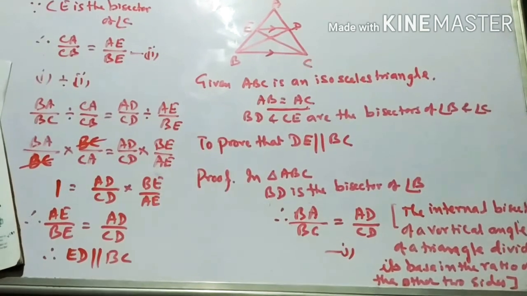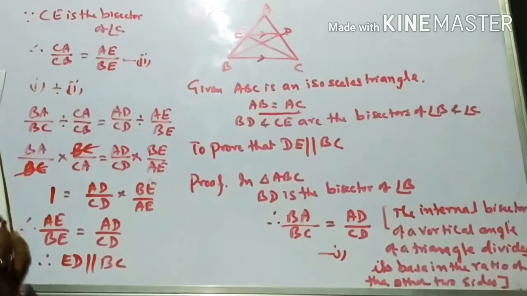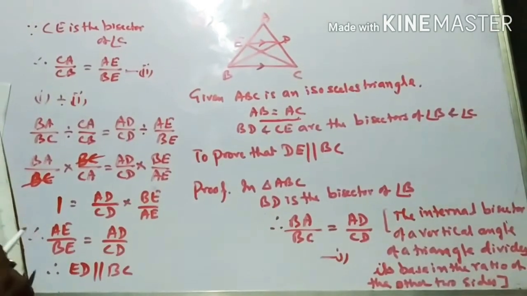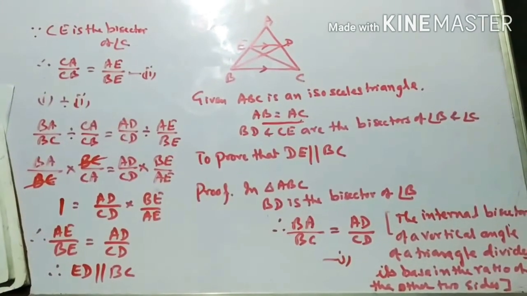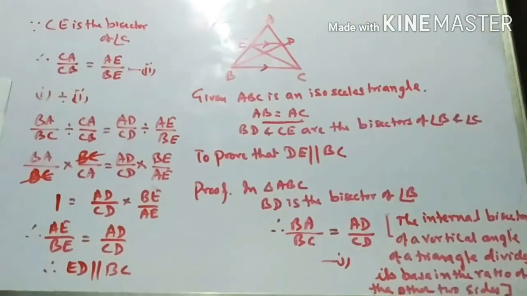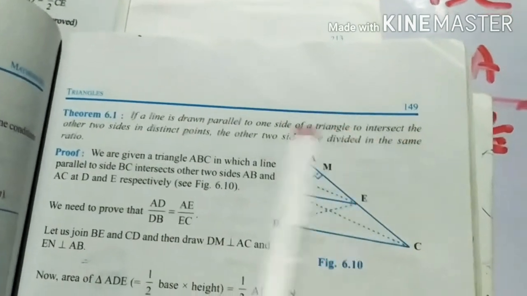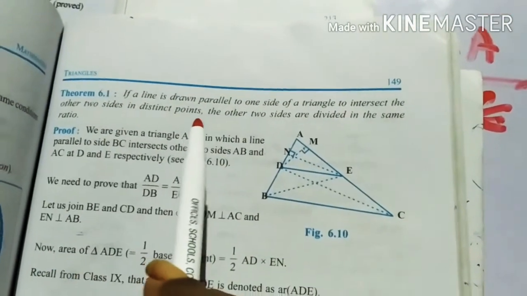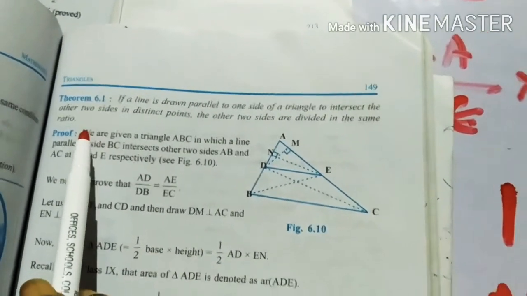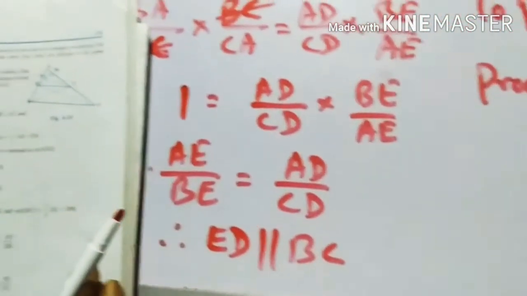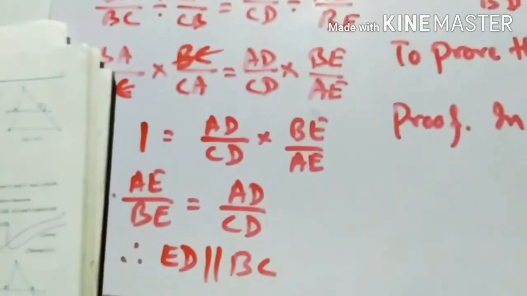This is the theorem: if a line is drawn parallel to one side of a triangle to intersect the other two sides in distinct points, the other two sides are divided in the same ratio. Oh, sorry, this is not it, this is the converse of this.